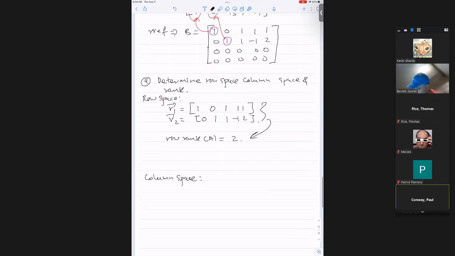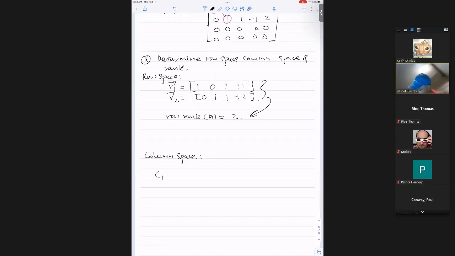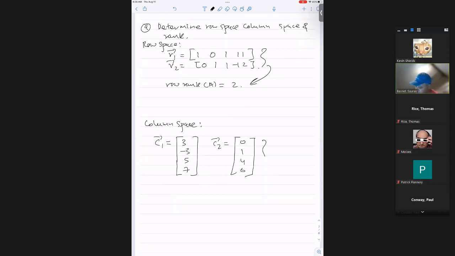So your column space vectors are C1 is 3 minus 3 5 7, and C2 is 0 1 4 6. This is your column space. Since there are 2, your column rank of A is equal to 2. It's a little bit different than row space. Same process, but we have to look at the original.